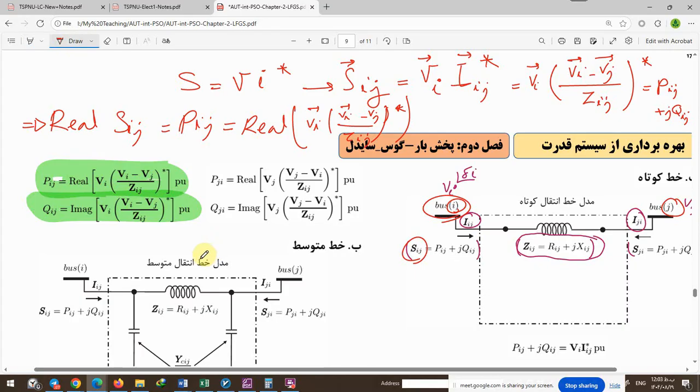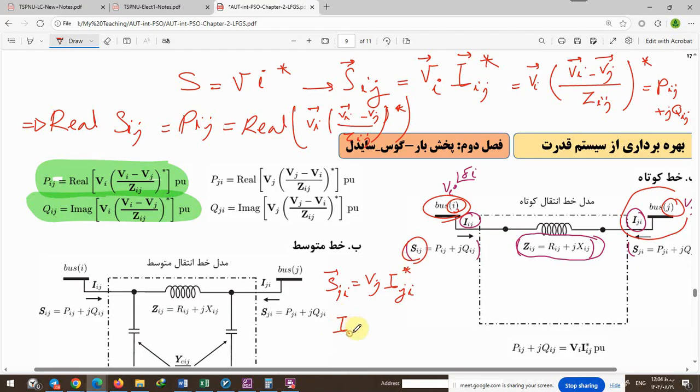Another calculation is finding Sji. When you want to calculate Sji from bus J, you have to write Vj here, Vj on Iji conjugate.